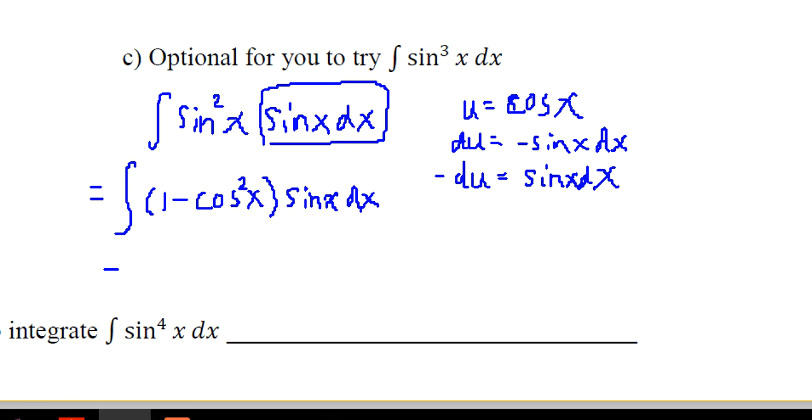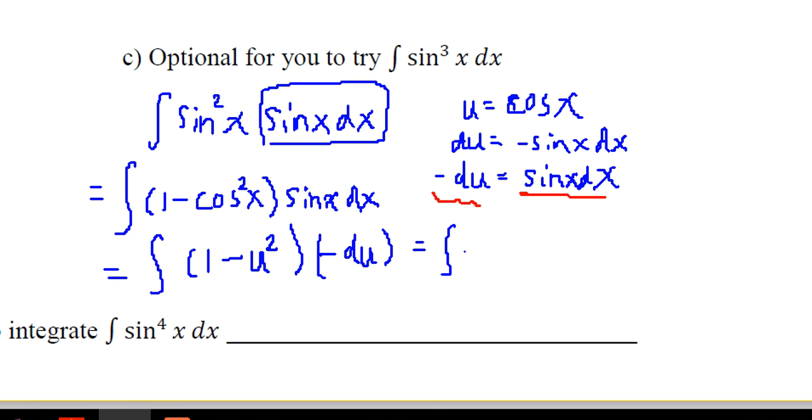Now my substitution begins in this step. u is my cosine, so 1 minus u squared. And sine x dx is actually negative du. So therefore I have a negative du.